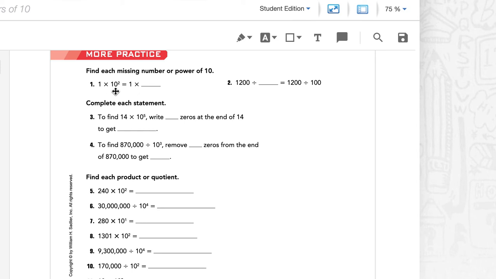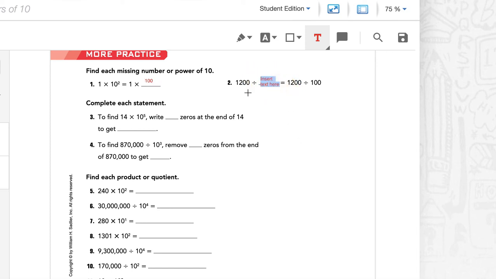So 1 times 10 to the 2nd would be the same thing as saying what? 1 times 100. There are 2 zeros in 100, which help you remember how many zeros to place on the back of there. Now careful, this one is division, okay?